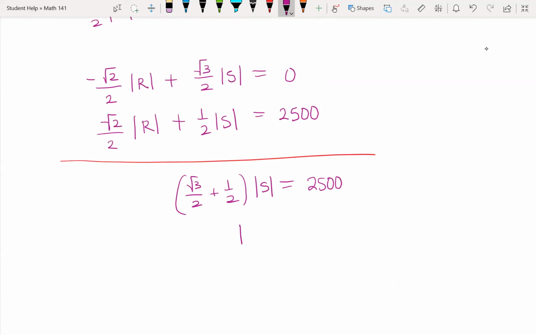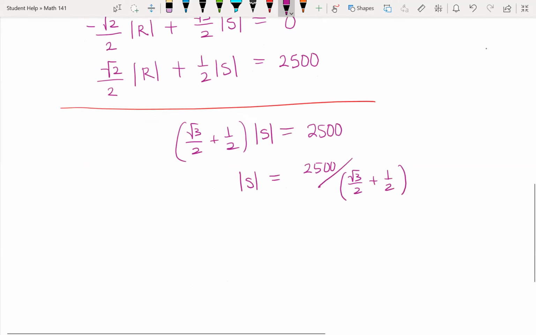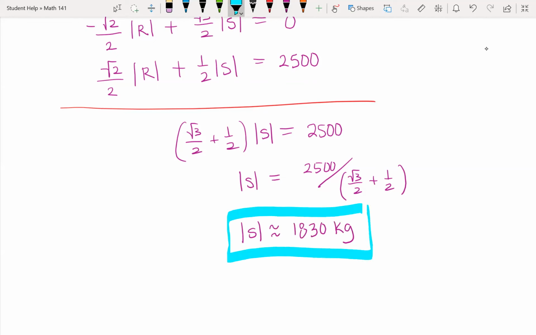Then I can see that the magnitude of S, or in this case, the tension, is going to be this. I can plug that into the calculator and get that this particular rope is holding approximately 1,830 kilograms of the weight.